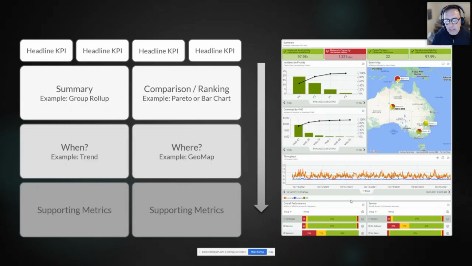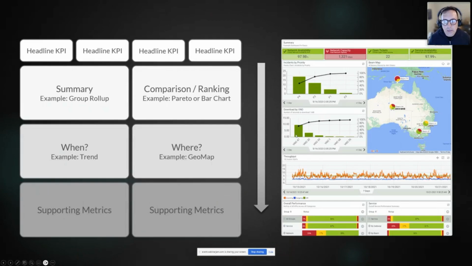They may compare, of their support problems or their incidents, which priority are they? Their lowest priority ones are the highest volume. So that's probably a normal scenario for them. Their most severe ones, they have a fairly low number of, if that's low for them, and they will know that and they'll be able to rank it.